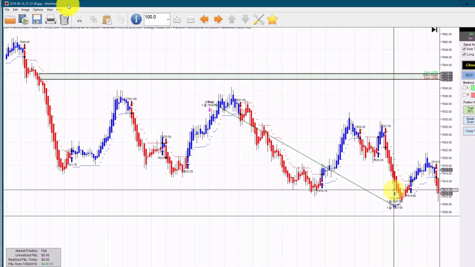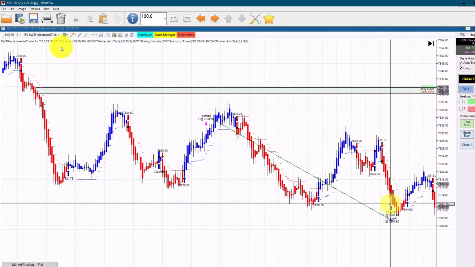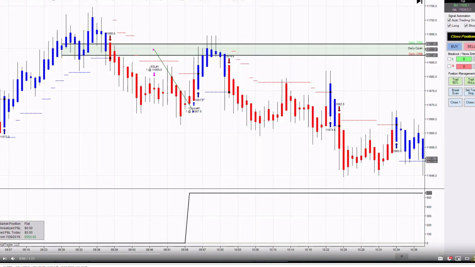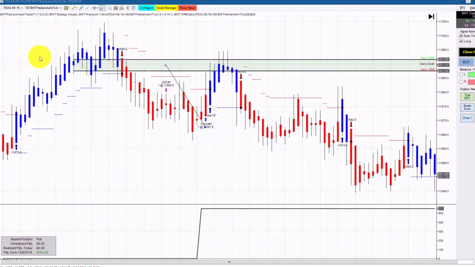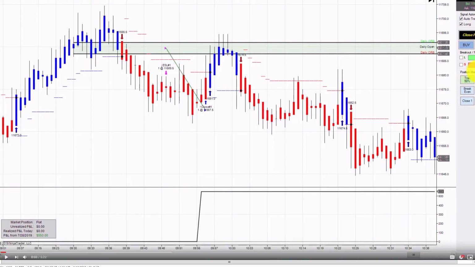This is the same setup on the NASDAQ 150 Heikin-Ashi tick chart. Here is a chart of the DAX on a 150 Heikin-Ashi tick chart, and you can see the time of the trade is in the first few minutes of trading.